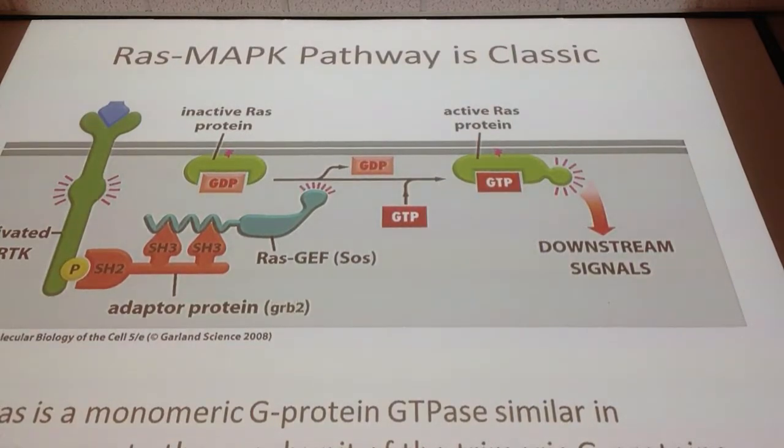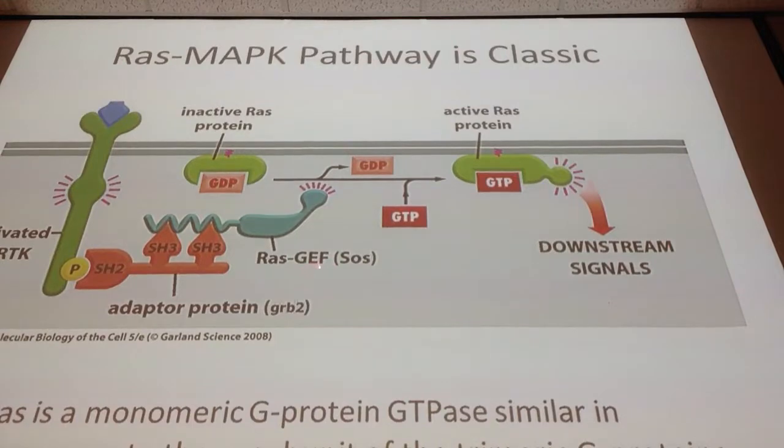So remember, trimeric G protein has that intrinsic activity where GDP can be exchanged with GTP. Monomeric G protein does not. So in order to carry out the exchange of GDP for GTP, there has to be an enzyme that carries out that, and that is referred to as a GEF, guanine nucleotide exchange factor.